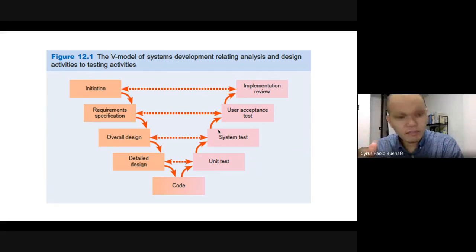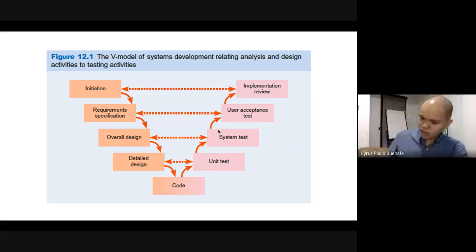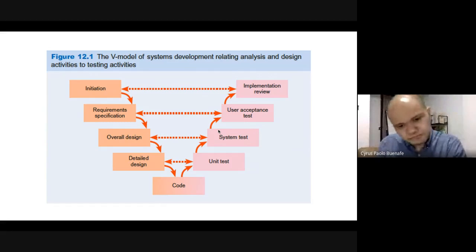For example, for the detailed design, one way to test whether you've actually fulfilled your detailed design is to conduct a unit test, and you pass the unit test. If you want to test whether the overall design is stable enough, that it really works across everything else, then you do a system test.